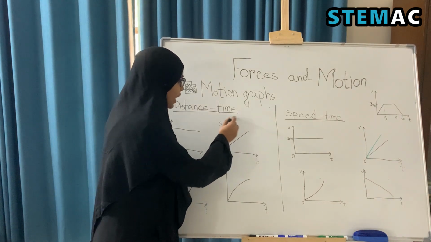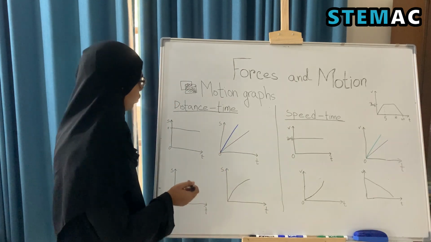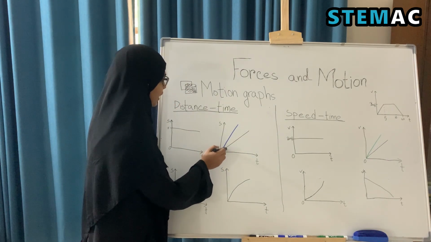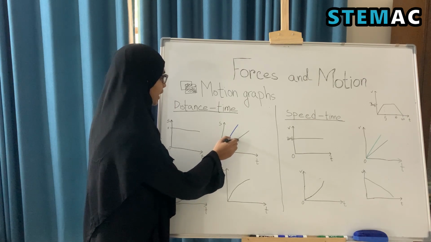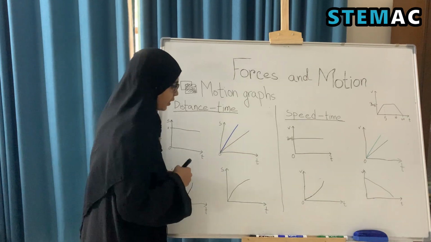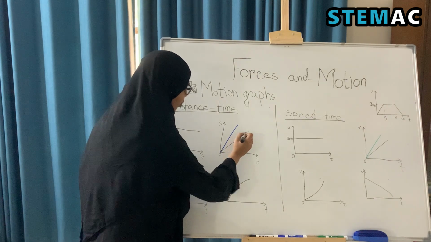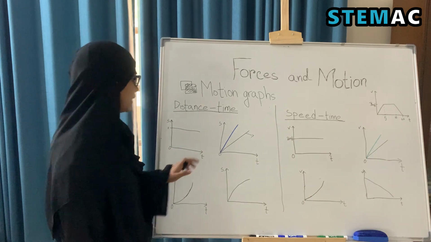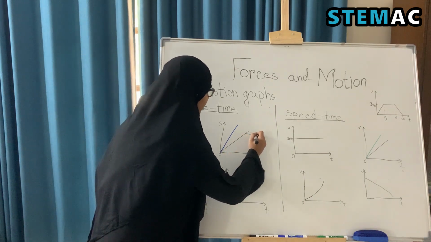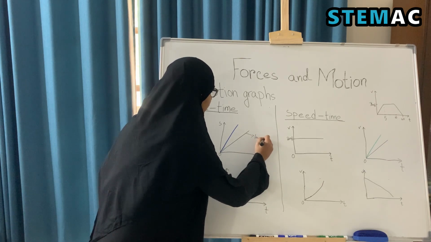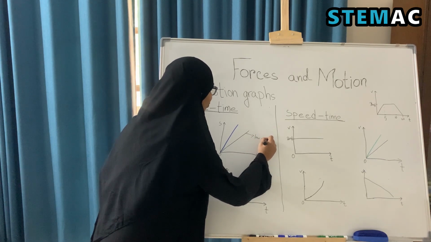And if we look at this graph, we can see that the distance is increasing at a constant rate as time is increasing. So the black one, we can say that the speed is low for this one.